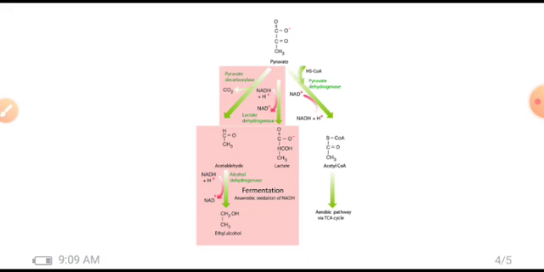After this, it provides the lactate and acetaldehyde. After providing acetaldehyde and lactate, the acetaldehyde enters the formation of alcohol via alcohol dehydrogenase, in the presence of the enzyme, providing ethyl alcohol.